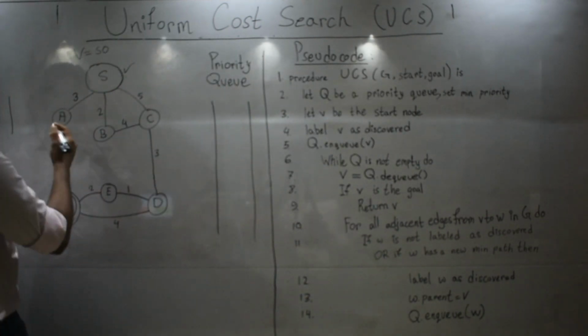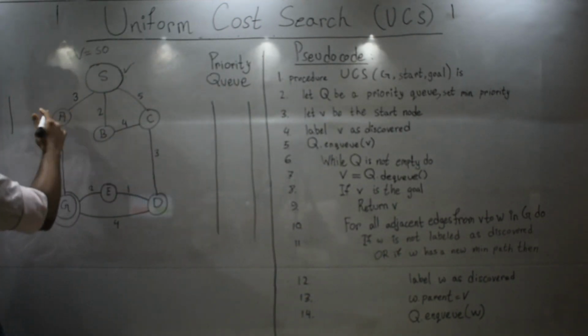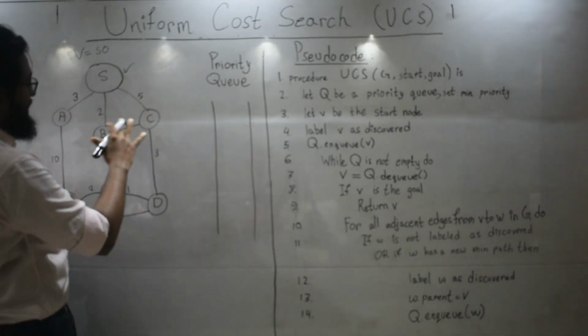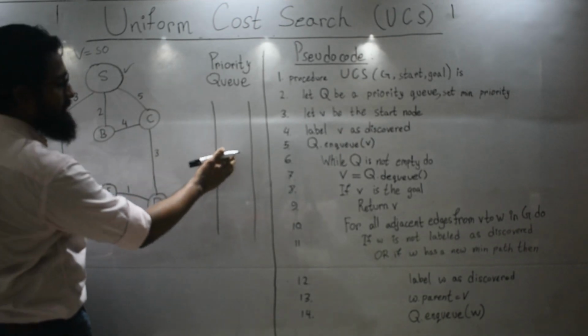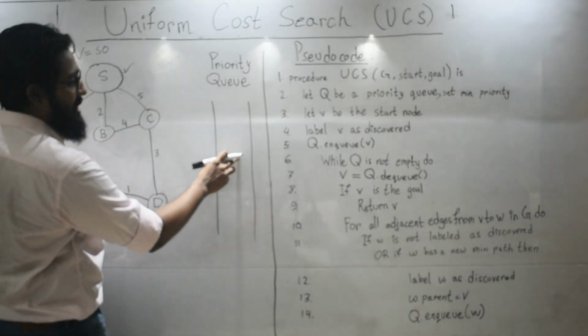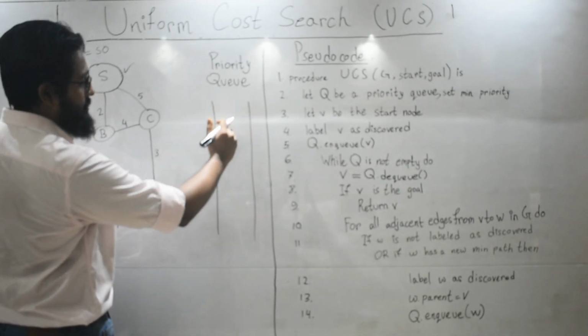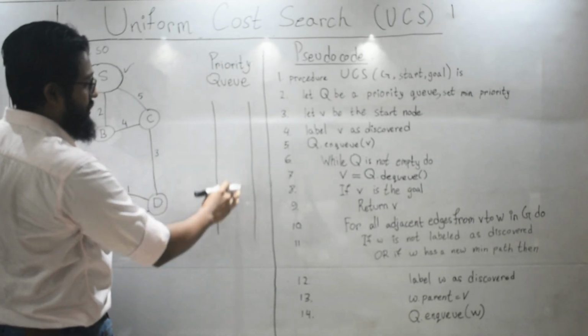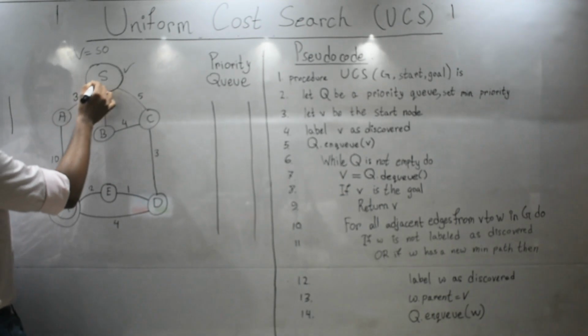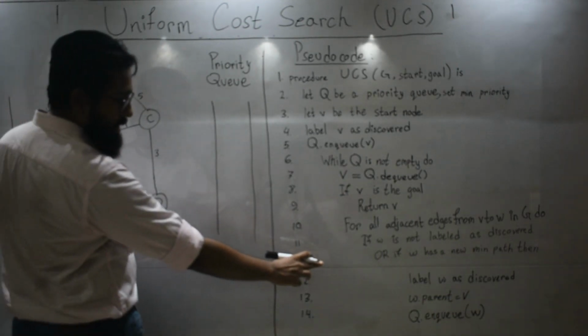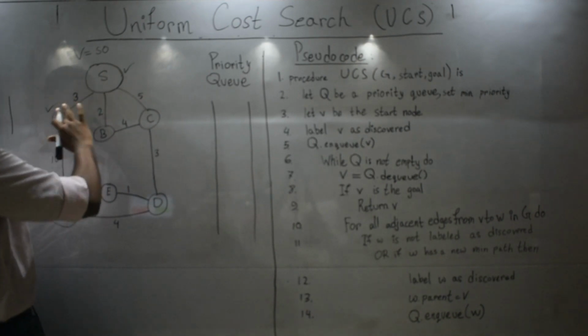What do we have to do? We will label them and discover them in any alphabetical way. You will see the magic happens in the priority queue. It will automatically sort it in ascending order. So A, let's discover A, and then the parent.